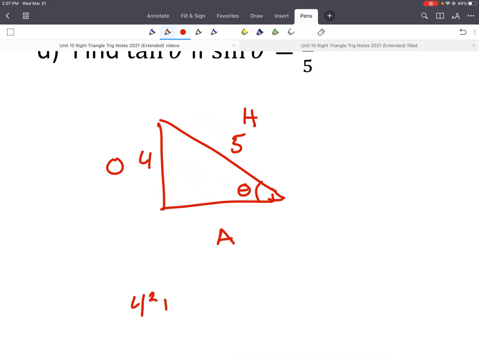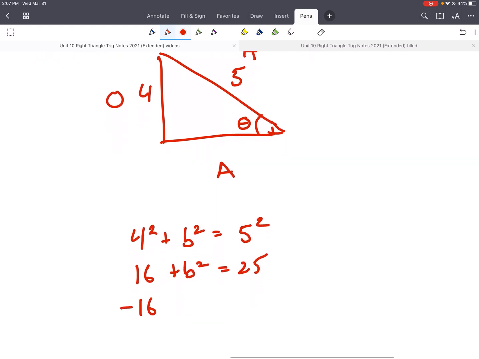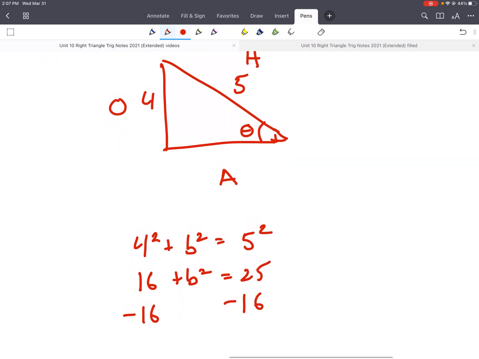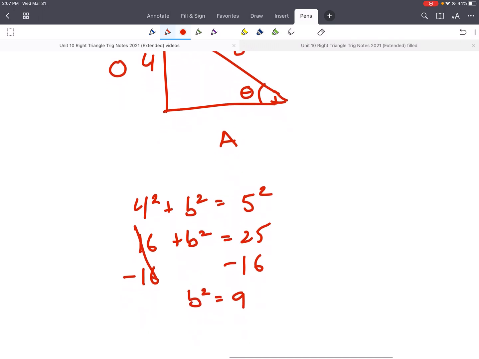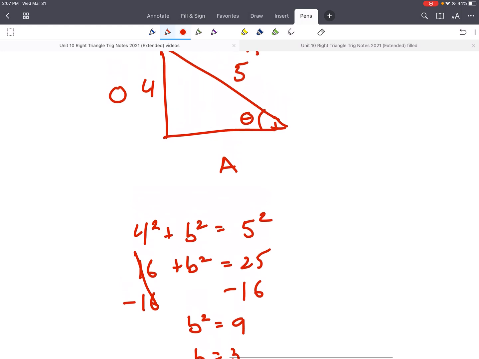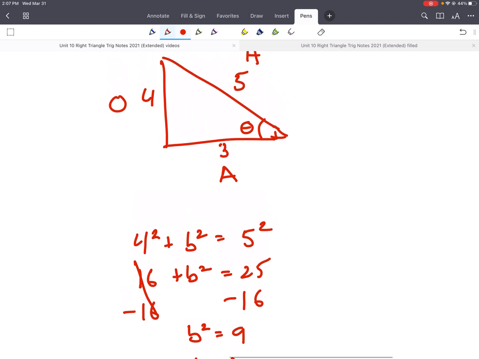So 4 squared plus b squared is equal to 5 squared. So that's 16 plus b squared is equal to 25. And we'll subtract 16 from both sides. So here b is 3. Again, this is one of those special triangles, the 3, 4, 5 triangle.